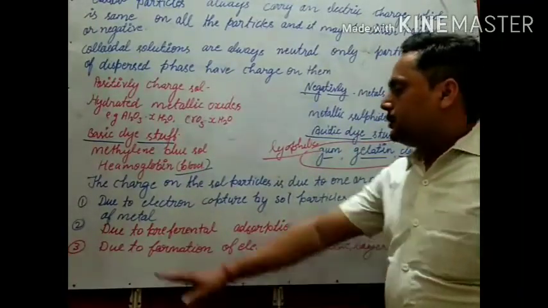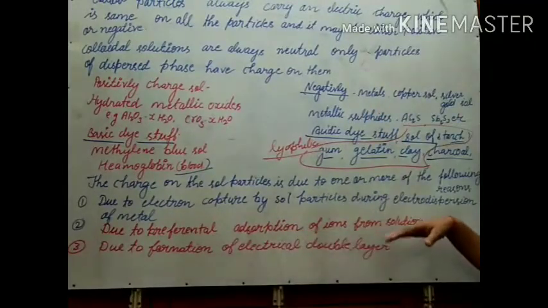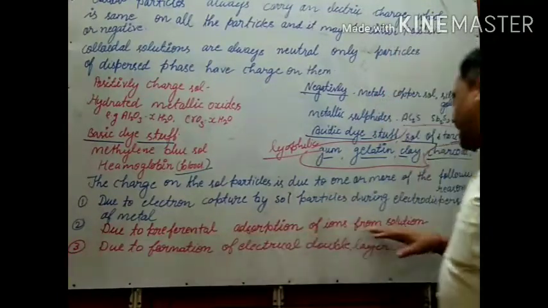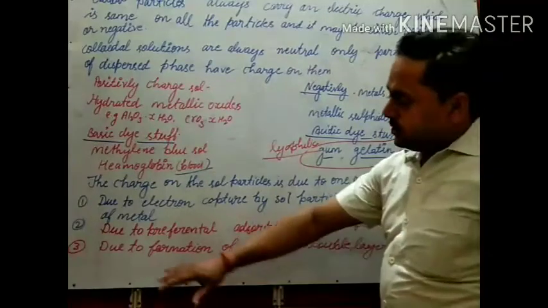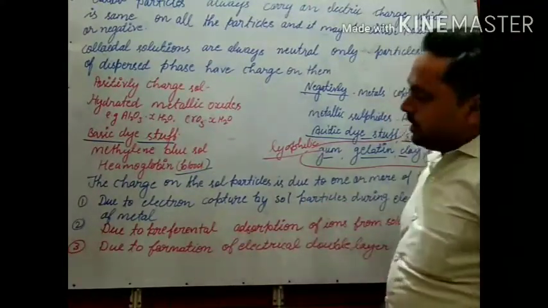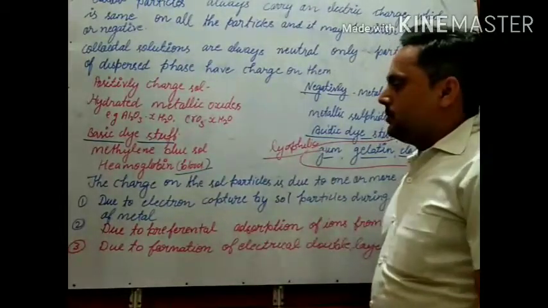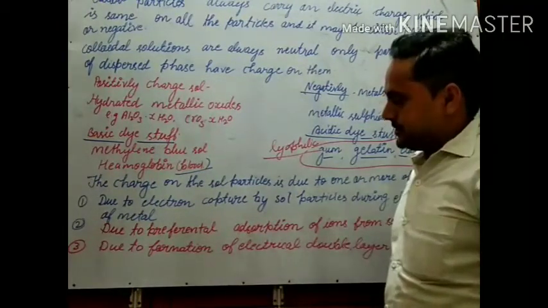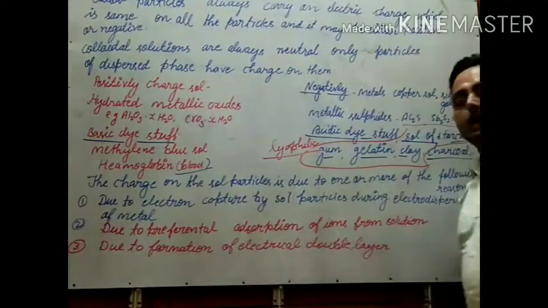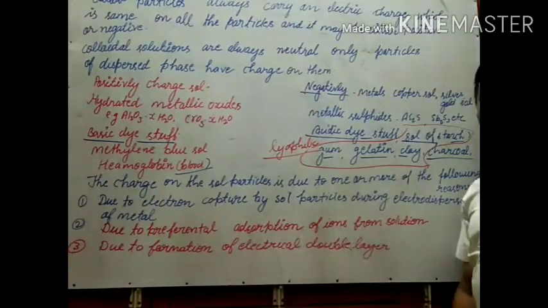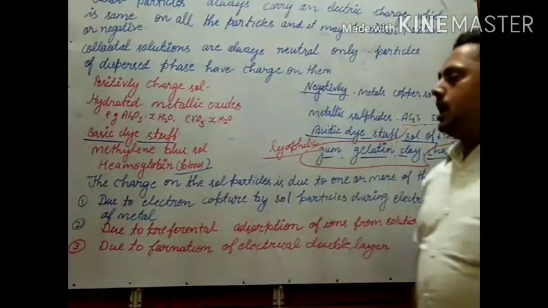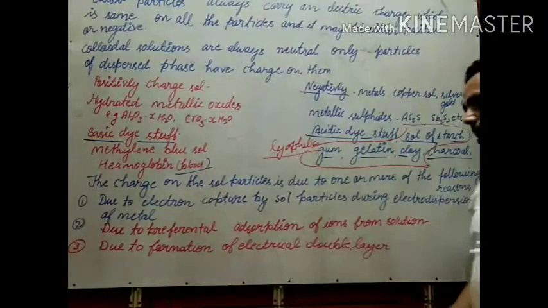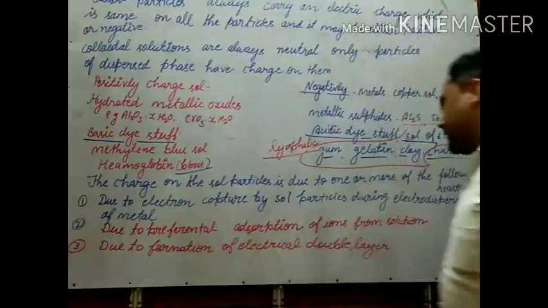Second is due to preferential adsorption of ions from solution. And third is due to formation of an electrical double layer. So there are three main reasons due to which the colloidal particles carry either positive or negative charge.